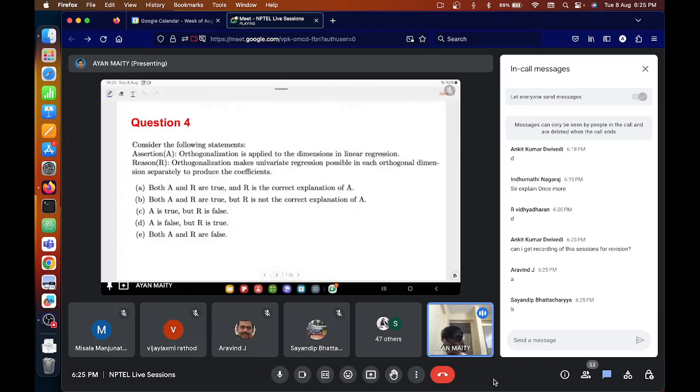Sayandeep says B. So B is A and R are true but R is not the correct explanation of A. Yes.